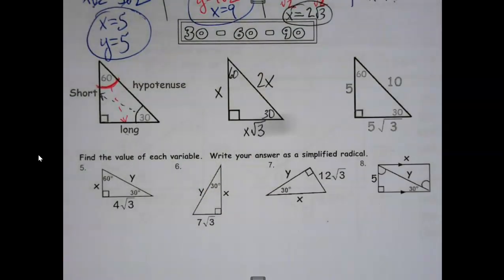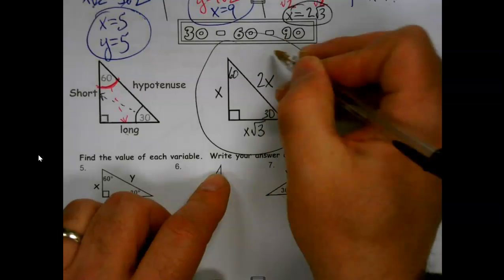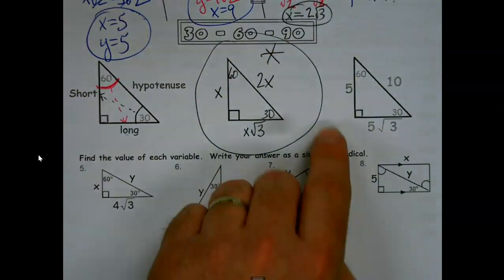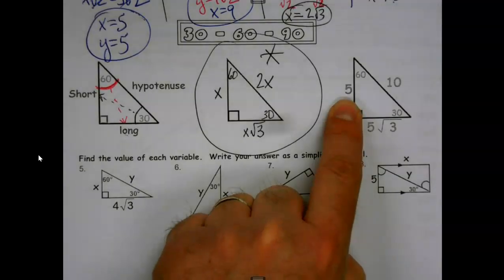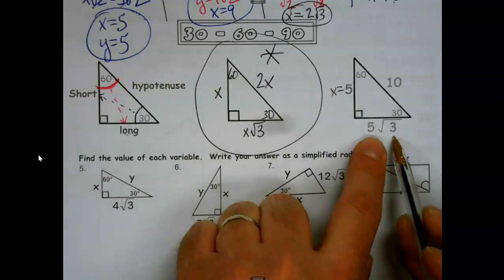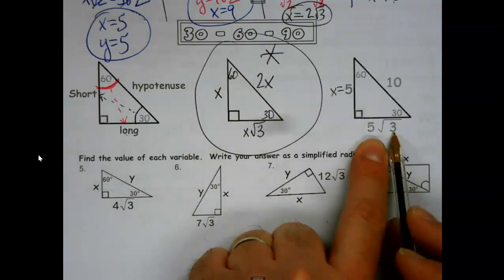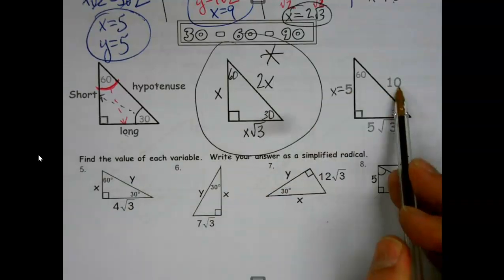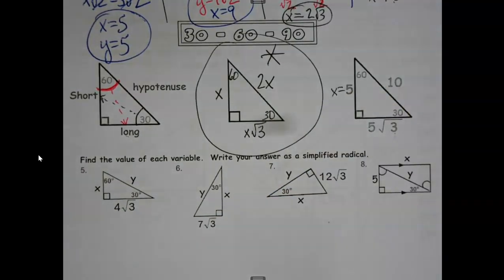And my hypotenuse is going to be 2x. Depending on the sides you get, and again, this is something we need to know, if I know the short leg, I just multiply it by the square root of 3 to get the long leg. And if I know the short leg, I just multiply it by 2 to get the hypotenuse. Now, am I always going to get that lucky? No. But once you know x, you know everything you need.